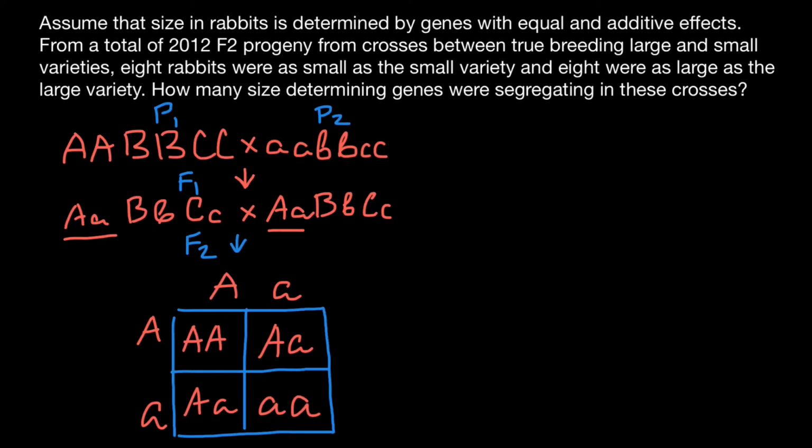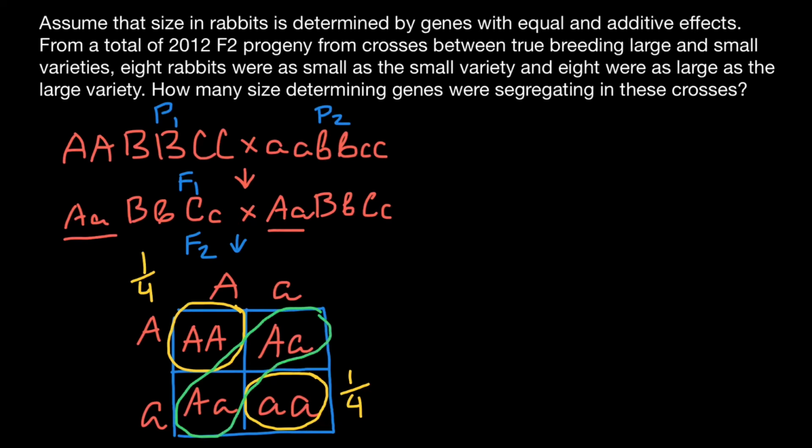And what is our ratio? The tall is going to be 1/4, the smallest also would make 1/4, and the intermediate would make 50%, so 1/2.